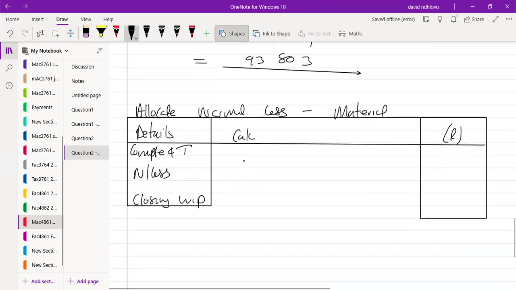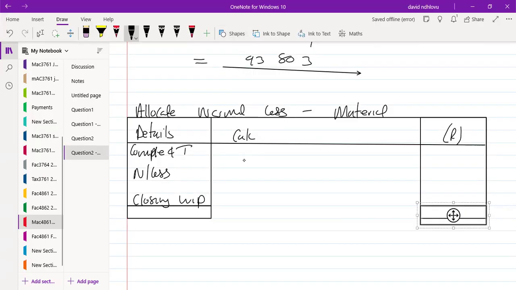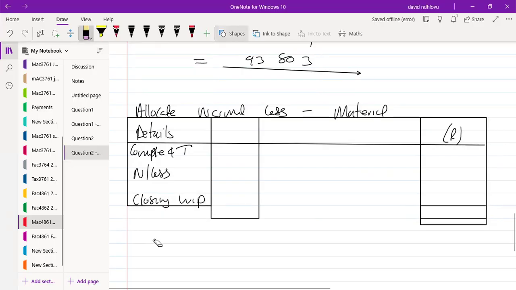Then we need a total column here. I think I need another column here.